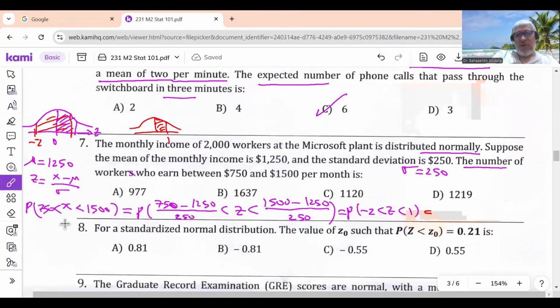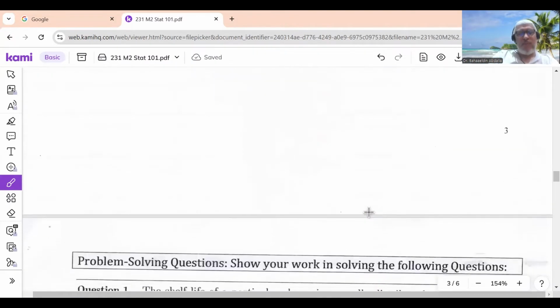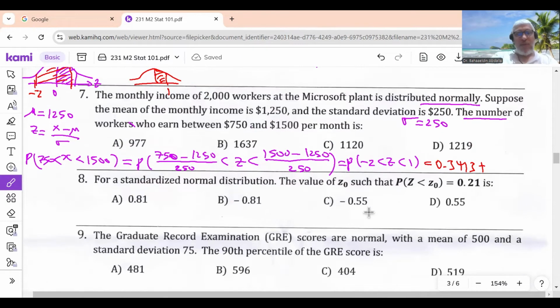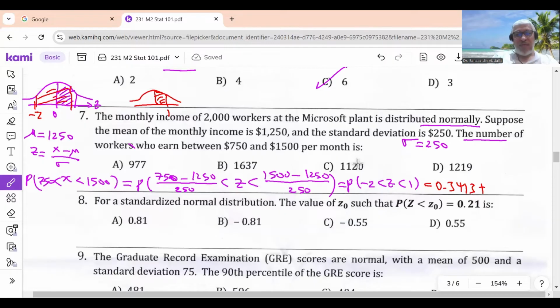So 0.3413 is the probability from 0 to 1. But I need from -2 to 1. So how can I find this probability from -2 to 0 and add it to this one?